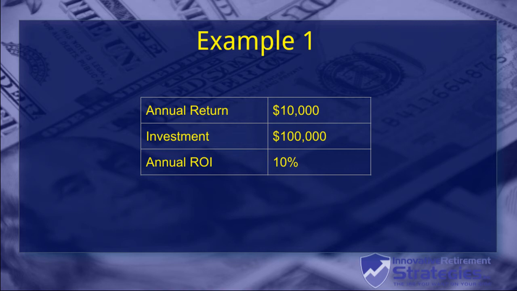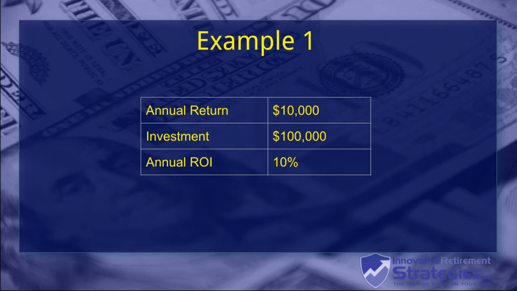In this example, the client is using his own money, $100,000. Let's just say he's making another private loan and he's got a net annual return of $10,000. And if you plug that into the return on investment function, which is basically the return divided by the investment that you made, 10,000 divided by 100,000 is a 10% annual, or in this case it wouldn't be an annual ROI because it's just a one-time private loan.